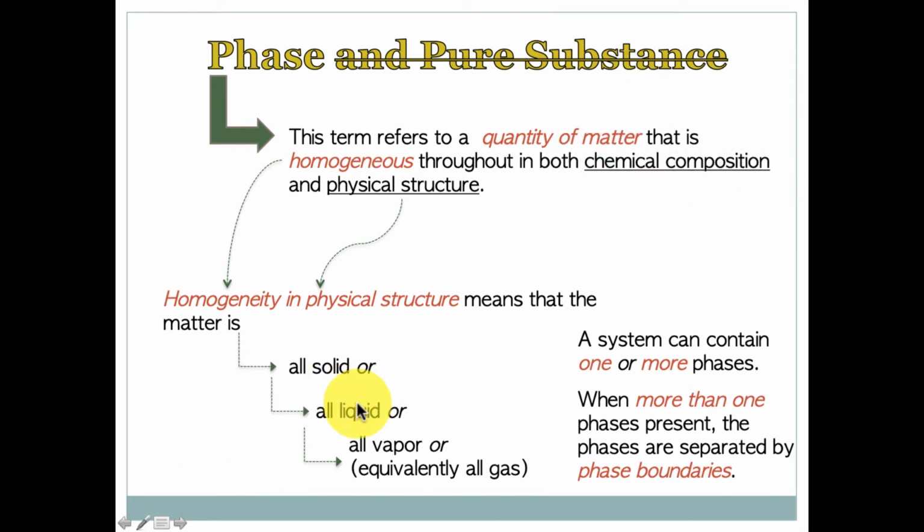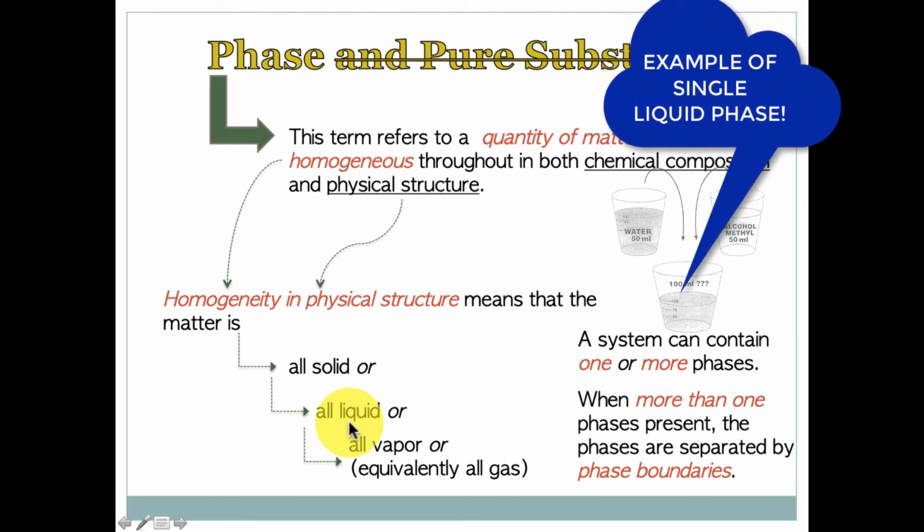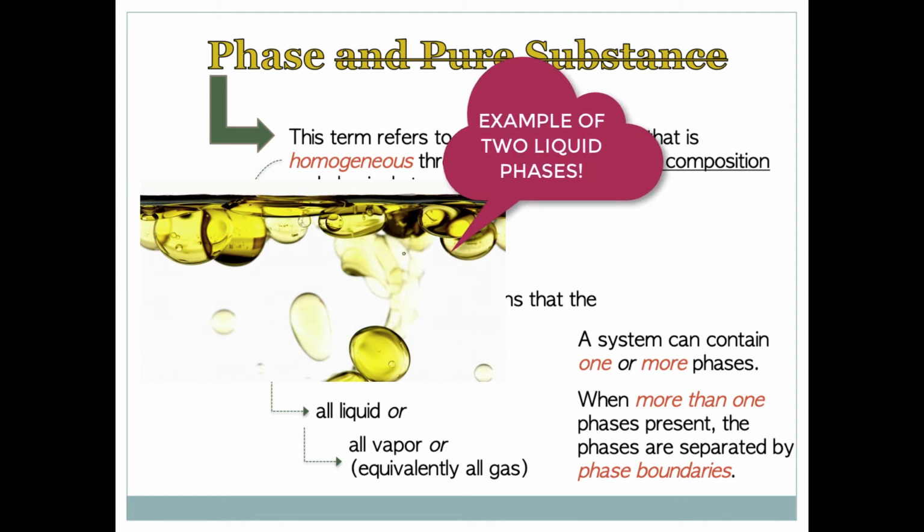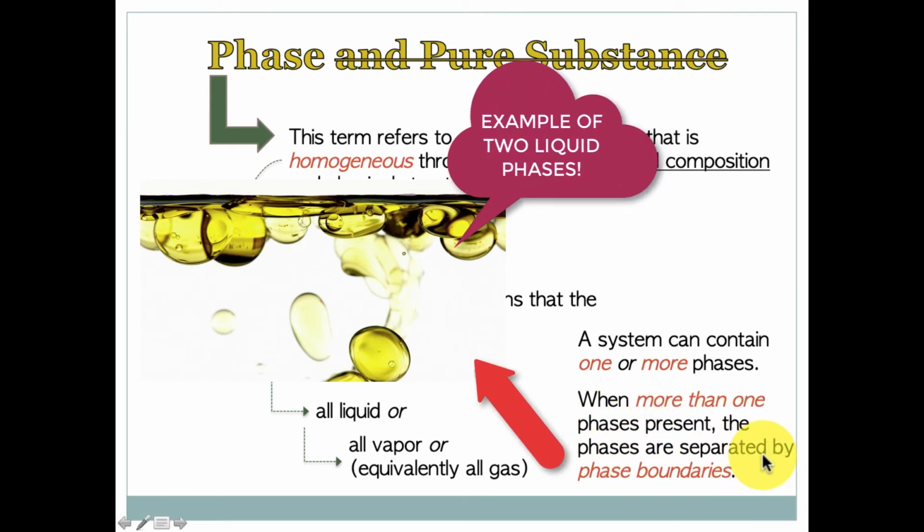For liquids, certain liquids such as alcohol and water can be mixed to form a single liquid phase. However, liquids such as oil and water, which are not miscible, meaning they cannot be mixed, form two liquid phases. So when more than one phase is present, the phases are separated by phase boundaries.